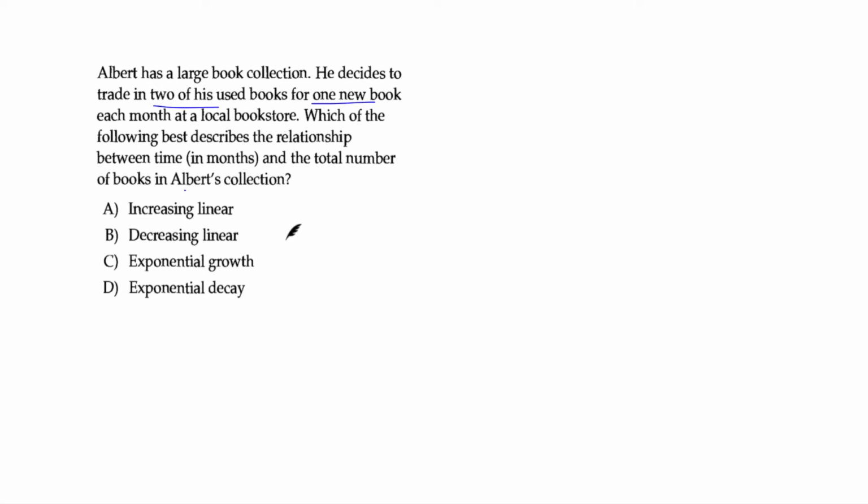So if you analyze what is happening each month, he's trading two of his books for one new book. So he's losing one book every month. Each month, Albert basically loses one book.